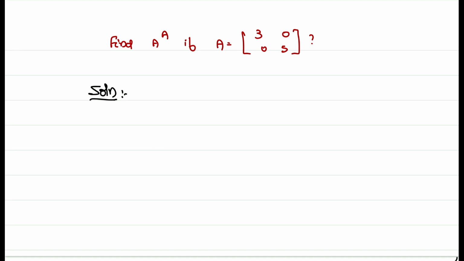Now, if any question is given, find A to the power of A if A is equal to [3 0; 0 5], then the straightforward solution is A to the power of A is equal to a11 to the power of a11, 0, 0, a22 to the power of a22, provided the diagonalization conditions are fulfilled, and A is a non-singular matrix.